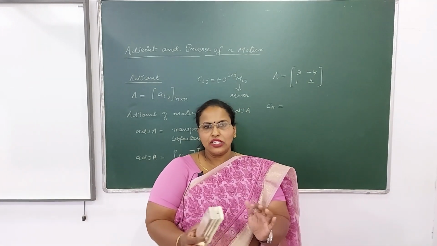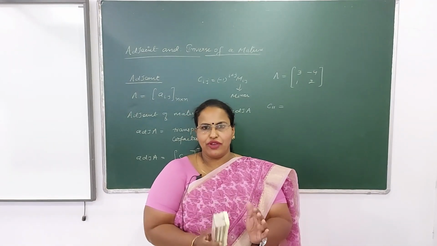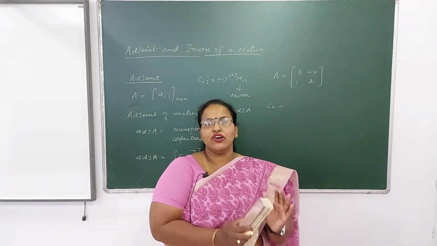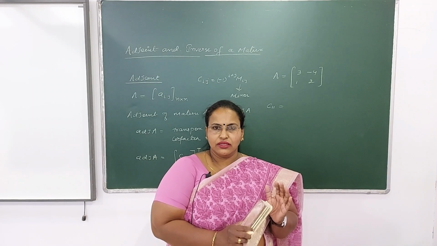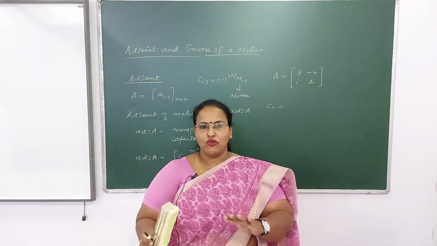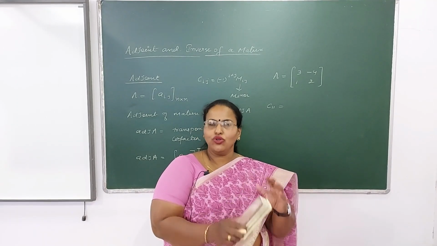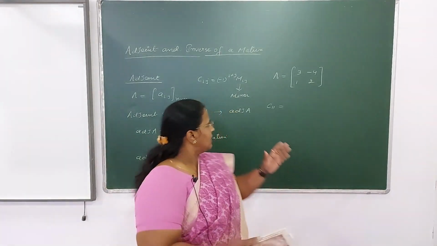A submatrix of order n-1 will be obtained. Get the determinant value of that. That will give the minor of the given element. In my last video, I explained everything about minor and cofactor, and we did the questions also, so you can go through the video again. So here, come back to this.